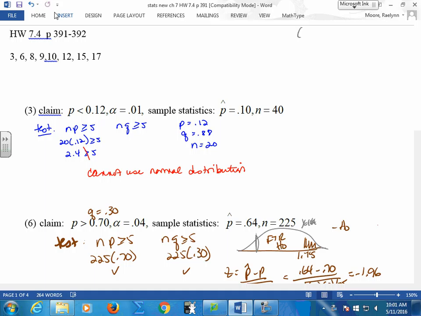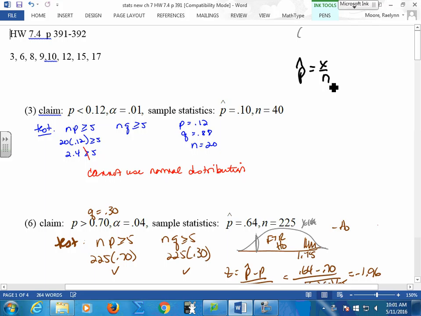I need to make sure that I get my p-hat from my sample. If you're using your calculator, we talked about this in class. P-hat is x over n, part over whole. So if they told me that my p-hat is 10%, 0.10, and my n is 200, to get an x, I'm going to multiply these two together.